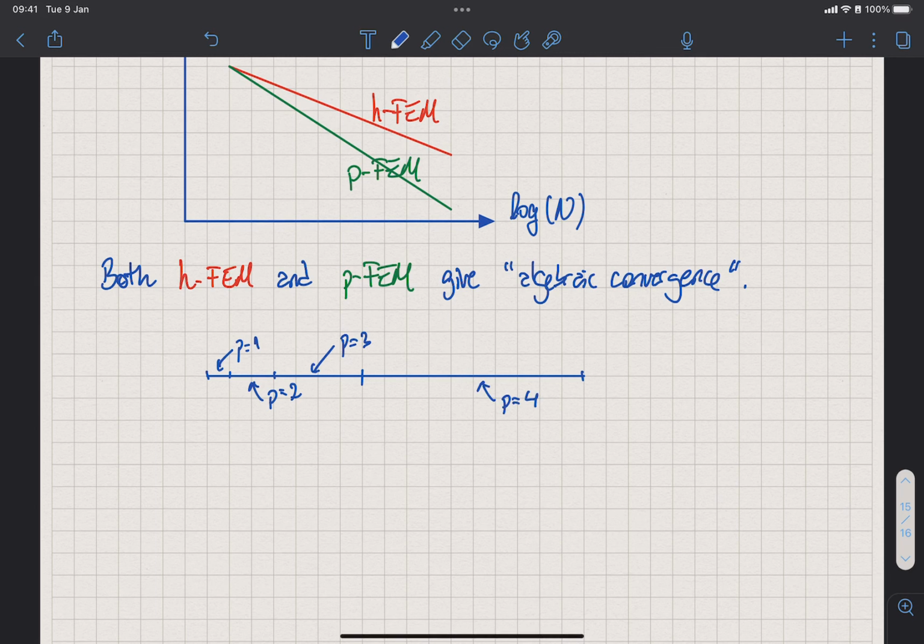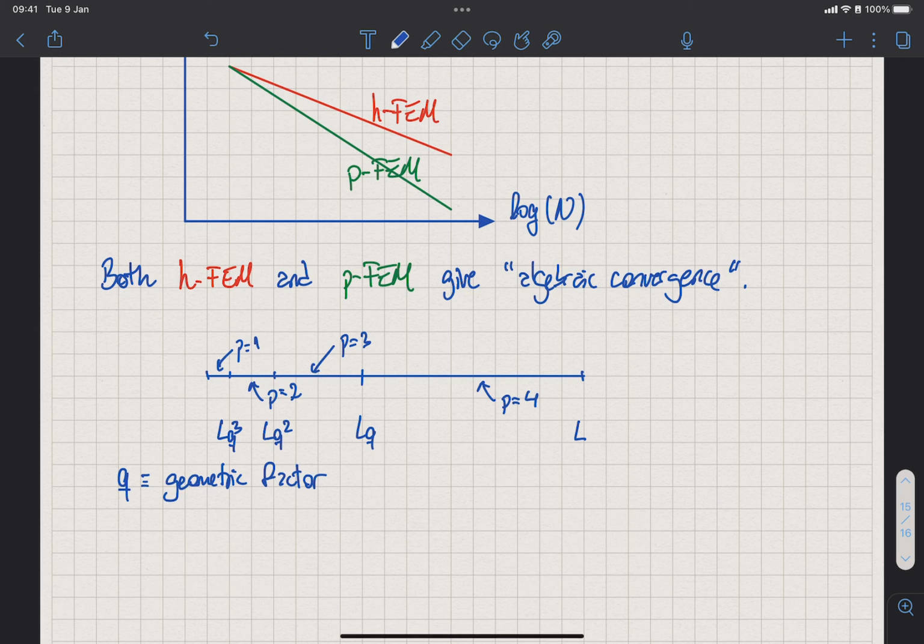And then the elements are such that, if this is the length L, the first node is located at Lq^3. This one is at Lq^2, and this one is at Lq. And that q is called a geometric factor.